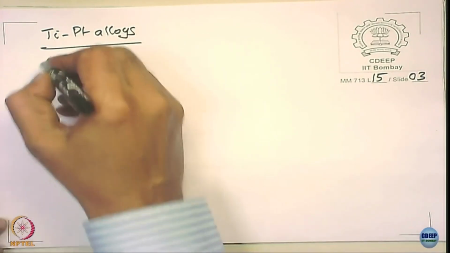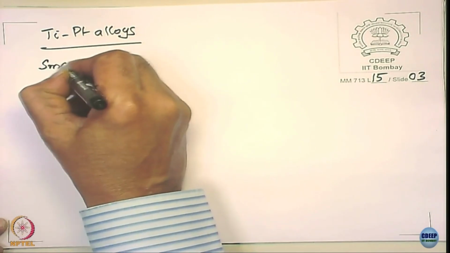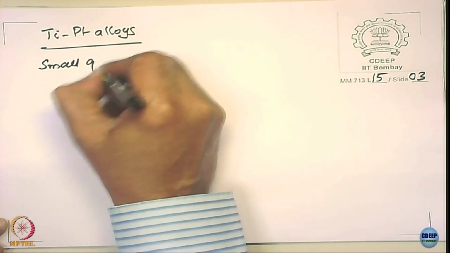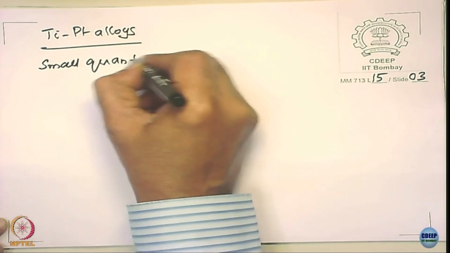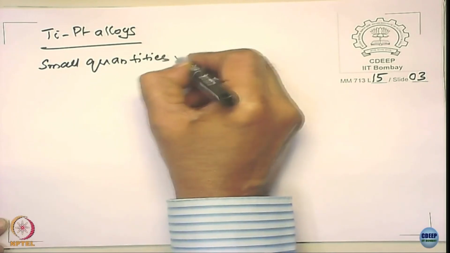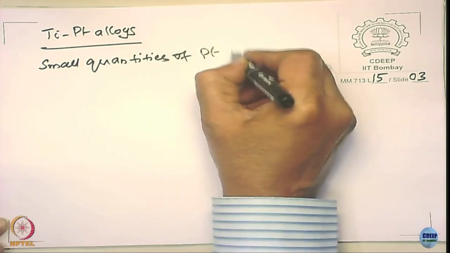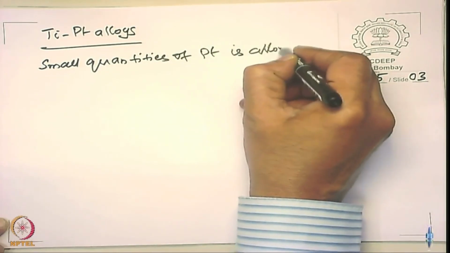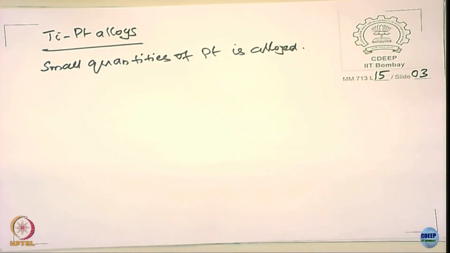Here, small quantities of platinum are alloyed. You make an alloy, the metallurgists know, right? You take titanium, put platinum into it, you melt it, and this undergoes passivation.